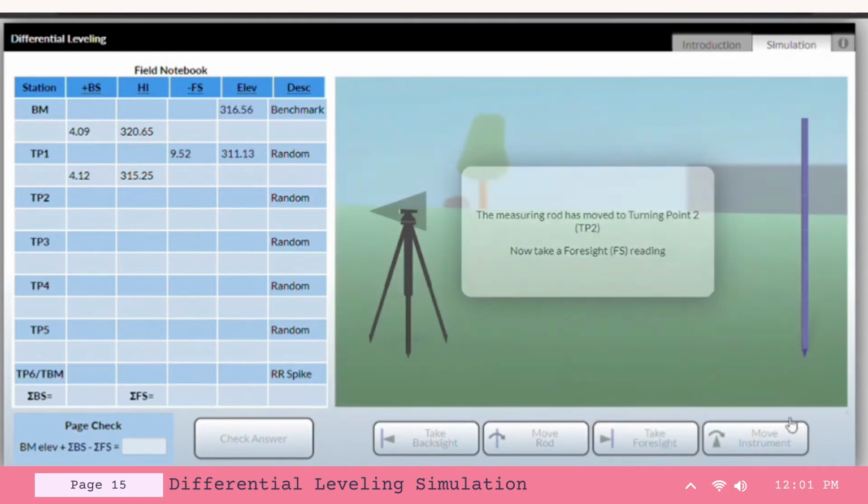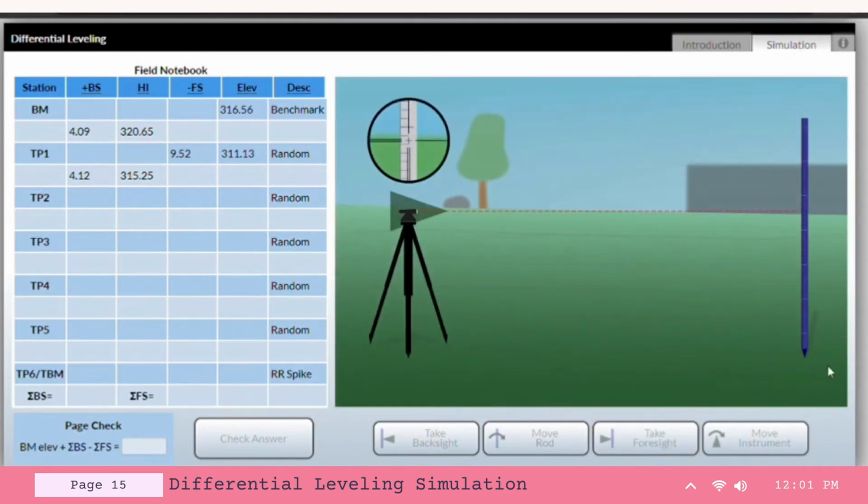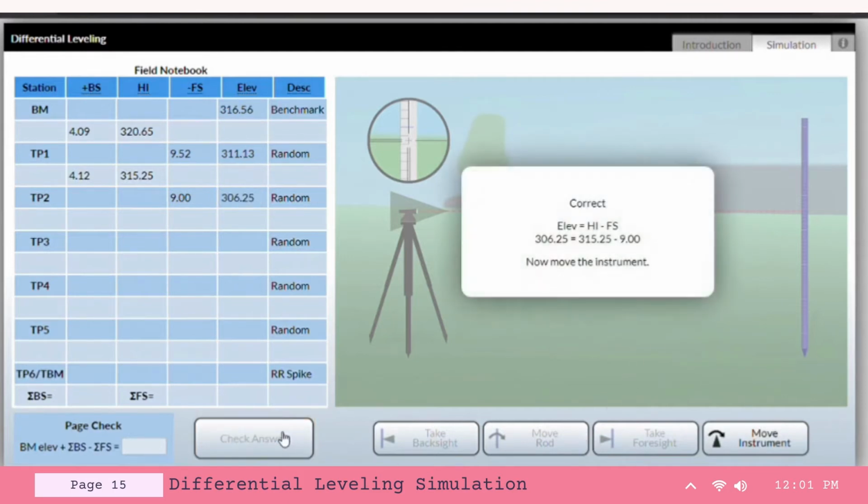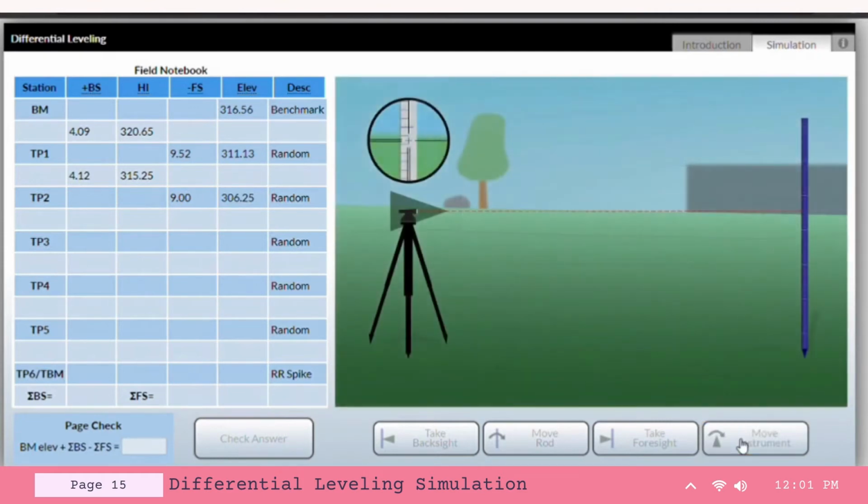Take a foresight, because there is no known elevation yet. The foresight measures exactly 9 feet. To calculate the elevation, we subtract it from the instrument height: 315.25 minus 9.00 is 306.25. Let's check if it's right. Correct. We now move the instrument.